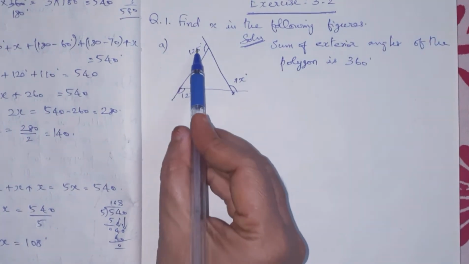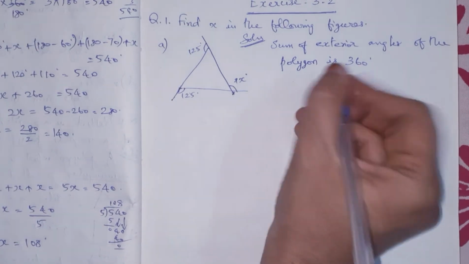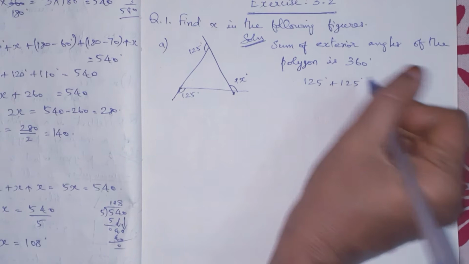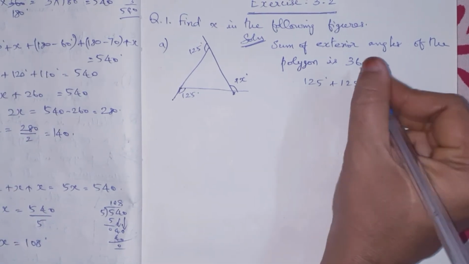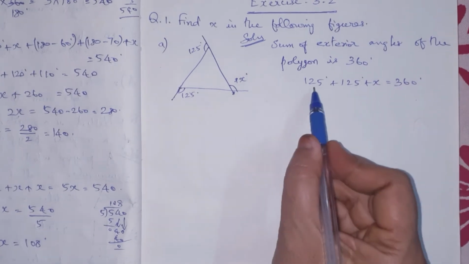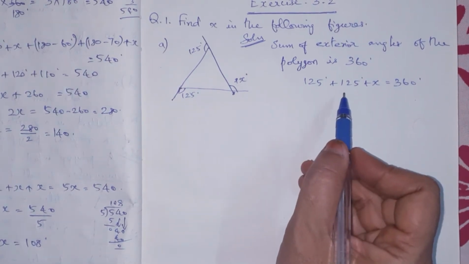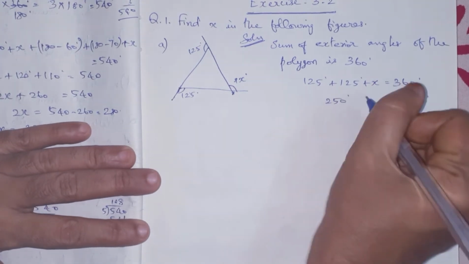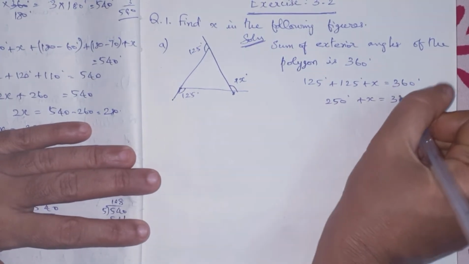That means 125 degrees plus 125 degrees plus x equals 360 degrees. 125 plus 125 is 250. So 250 degrees plus x equals 360.